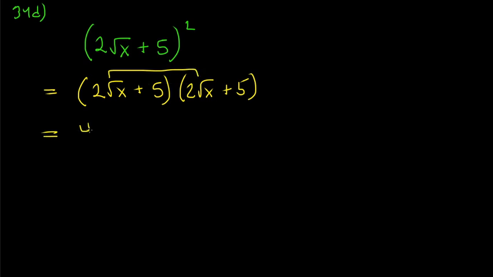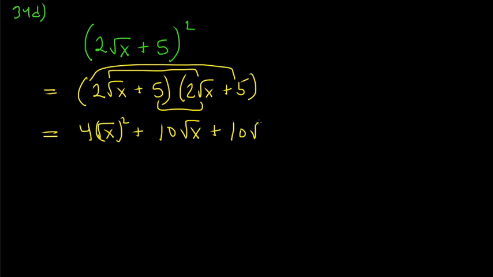FOIL this out. We have 4 times the square root of x squared plus 2 times 5 times the square root of x. That's 10 square root of x. And the inside is also 10 square root of x. And then 5 times 5 is 25, right? So you're going to get 4x. Oops, that's an x, right?